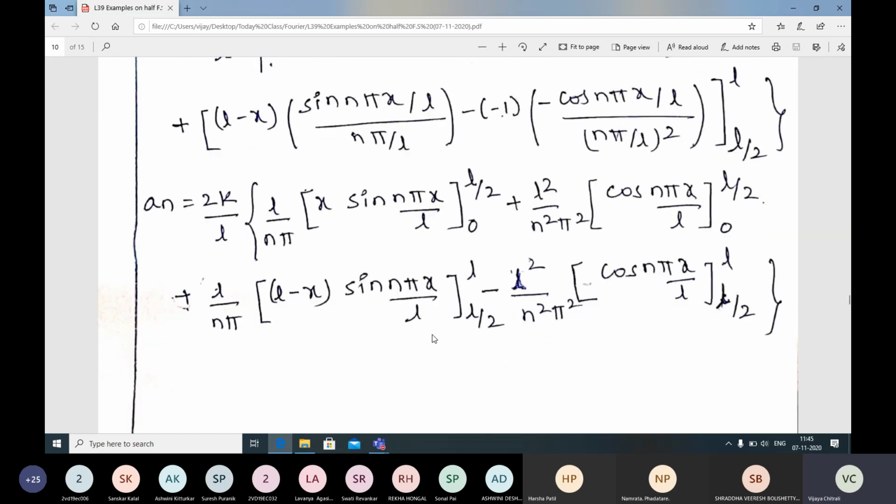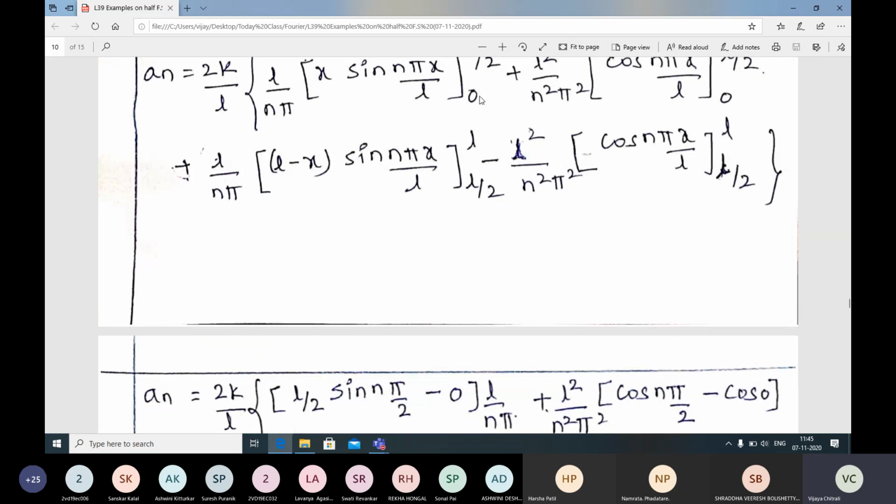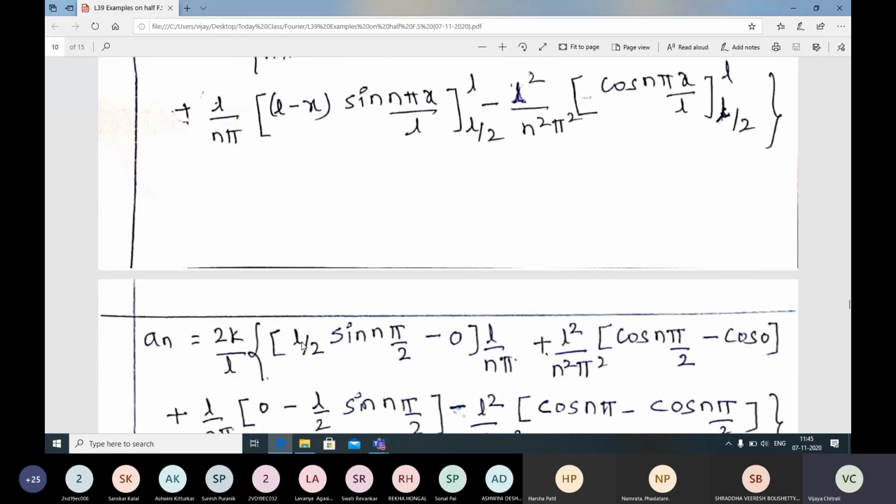Now apply the limit. So first this sine, 0 to L by 2 upper limit. So 2k by L. So in place of this x, L by 2. So L by 2 minus sine n pi by 2, and 0 into something is 0. And this L divided by n pi is as it is. We have taken this outside. Plus L square divided by n square pi square as it is.